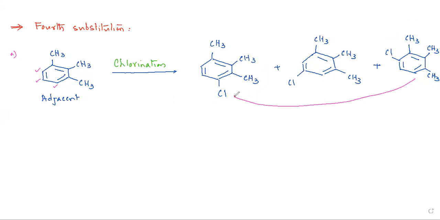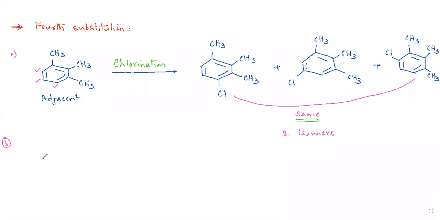Right? So these two are same. So though we got three isomers, we can say that this actually leads to the formation of only two isomers. Hope this is clear.